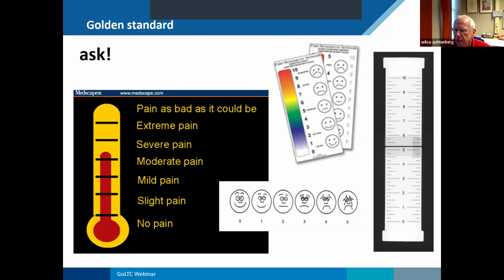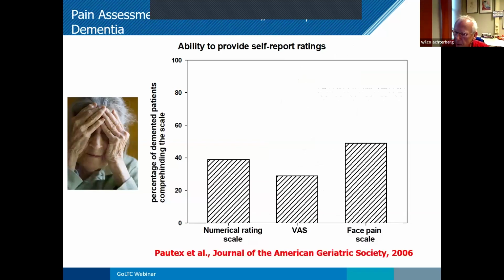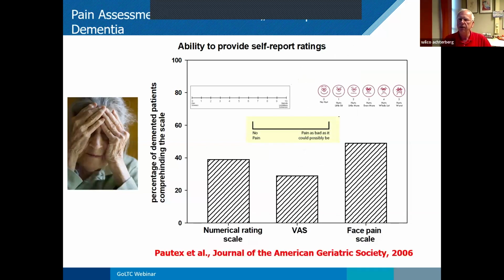We have the visual analog scale, the numeric rating scale, verbal rating scales, faces pain scales, and all kinds of others with colors, thermometers, etc. But if you look at those scales, they refer to some abstract thinking. And of course, when we look at patients with dementia, abstract thinking is one of the issues that is not working as it should.